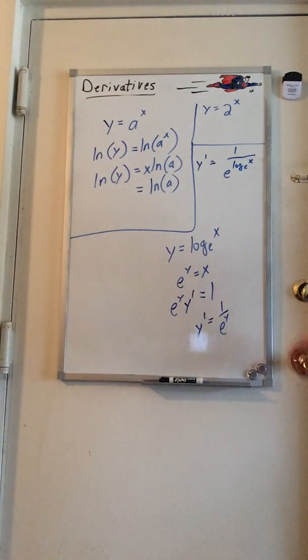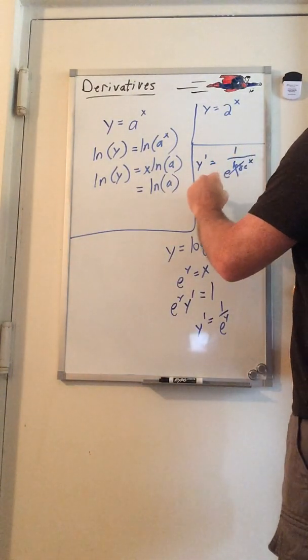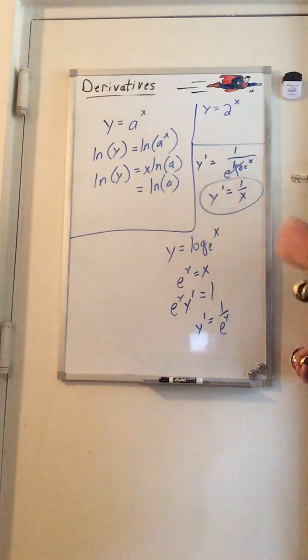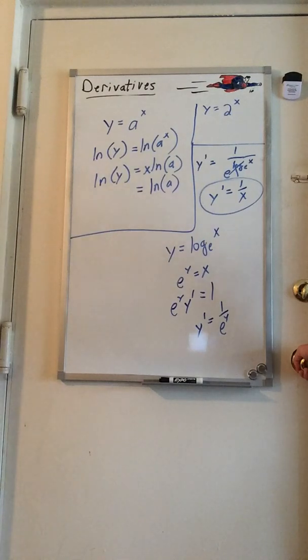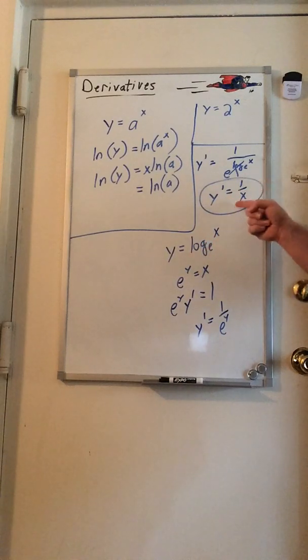And if you remember your rules for logs from 171, e raised to log base e of x, these cancel, and you're just left with x. So y prime equals 1 over x. Now I get the derivative of the natural log function is 1 over x.